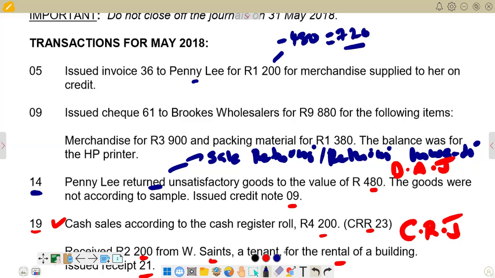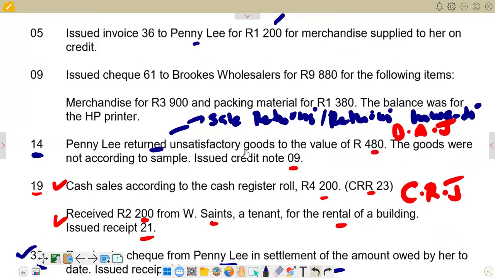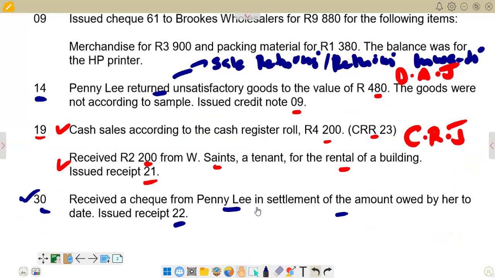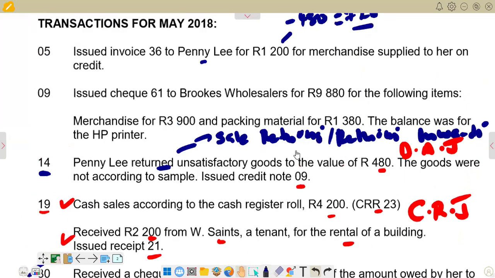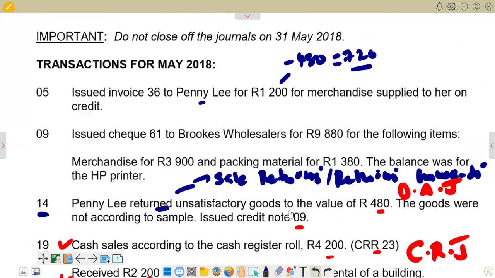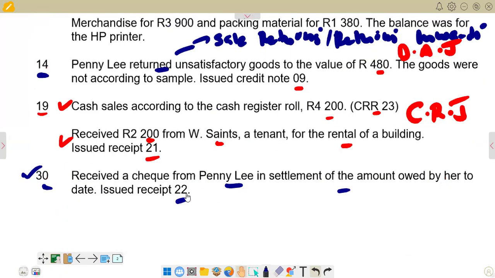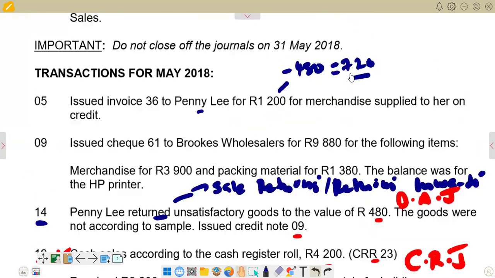So this 720 is the balance that is being explained here by saying received a check from Pendley in settlement of the amount owed by year to date. So the amount owed by year to date now is the balance that we are talking about. So this is the amount that we received from Pendley through check, which is our 720.